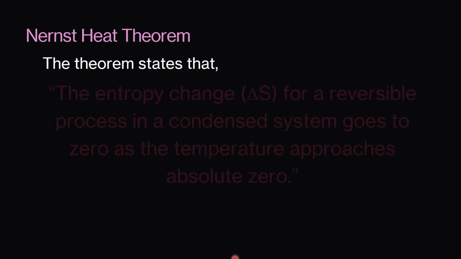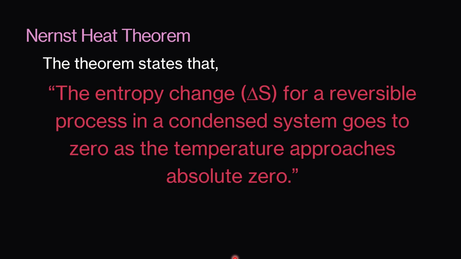This theorem states that the entropy change delta S for a reversible process in a condensed system goes to zero as the temperature approaches absolute zero. That means the system is solid, particularly, a condensed system, and some changes are taking place, but these changes are following the reversible path.